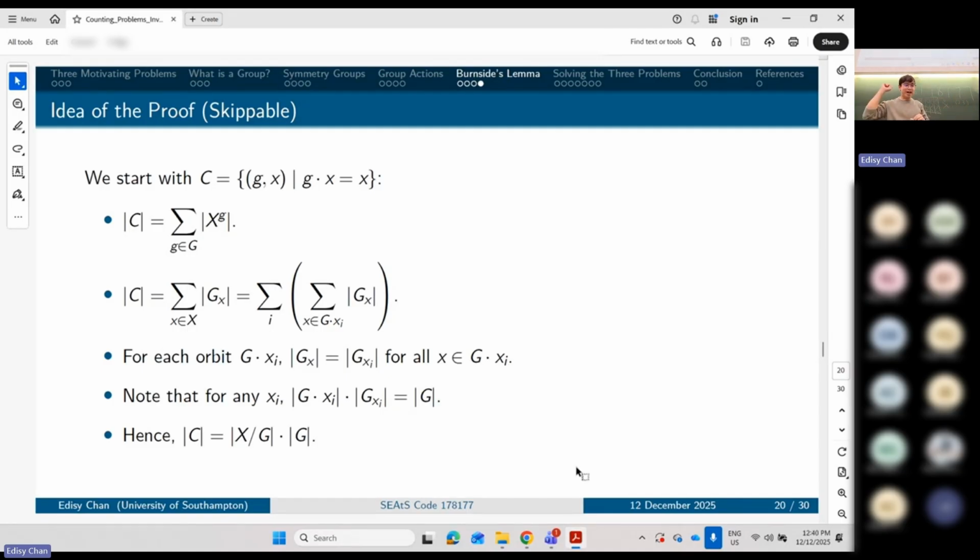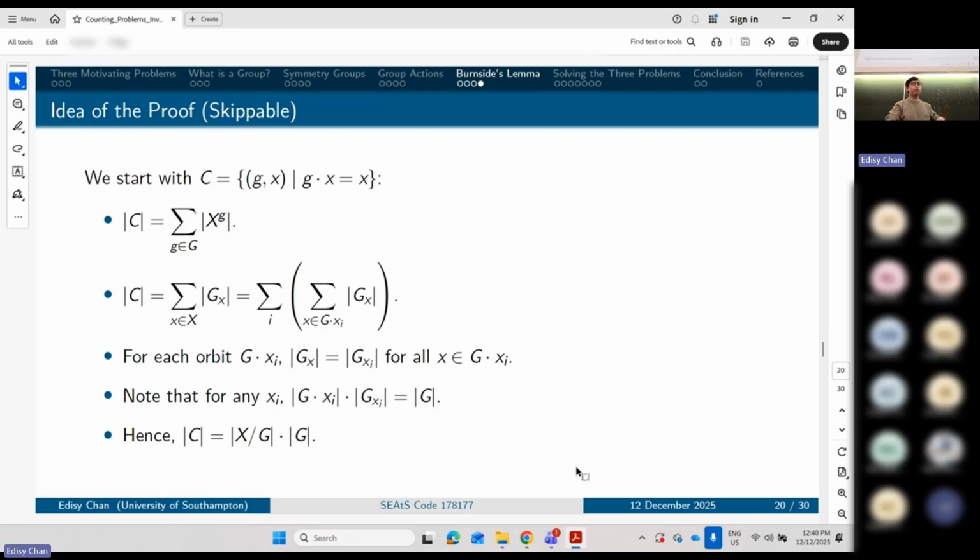What is that? The C set is actually all the pairs of G and X such that when you consider the actions, G fixes X, okay? So we will have many pairs there. For the C, we don't fix X, we don't fix G, we consider all, okay?